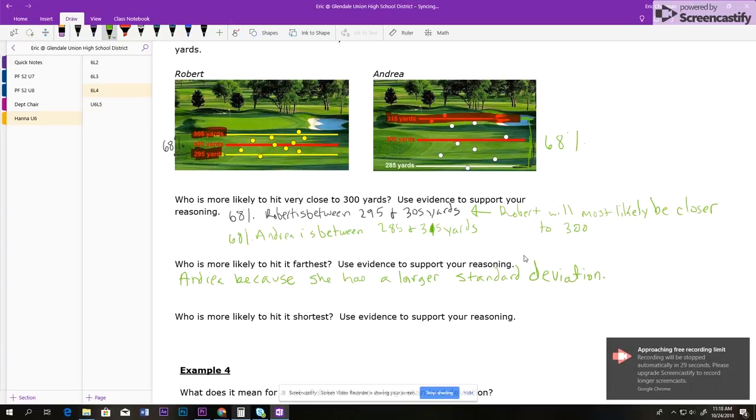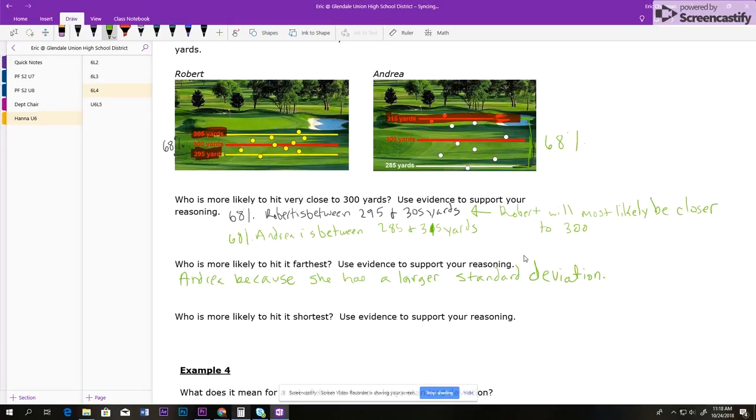Then let's take a look at who will most likely hit it the shortest. Let's look at Robert. His one standard deviation is either 295 or 305. Andrea's one standard deviation is 285 to 315. So again, it's going to be Andrea because she has a larger standard deviation.